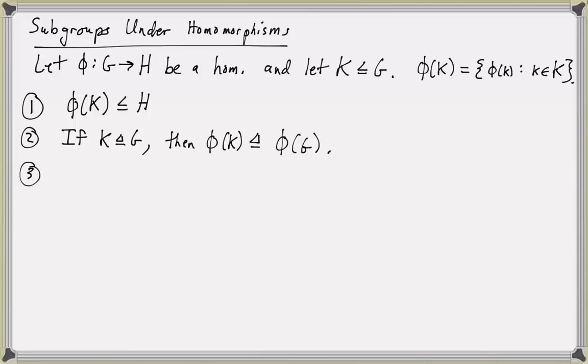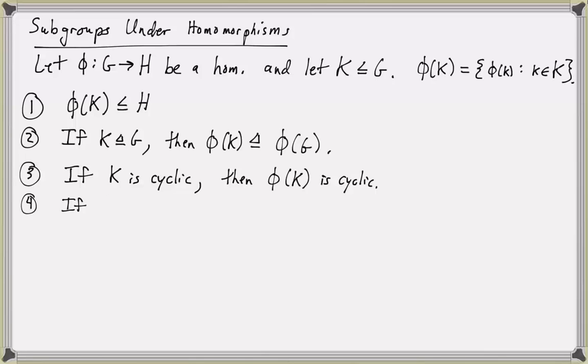Property 3, if K is cyclic, then the image of K is cyclic. Property 4 tells us if subgroup K is abelian, then its image is abelian.